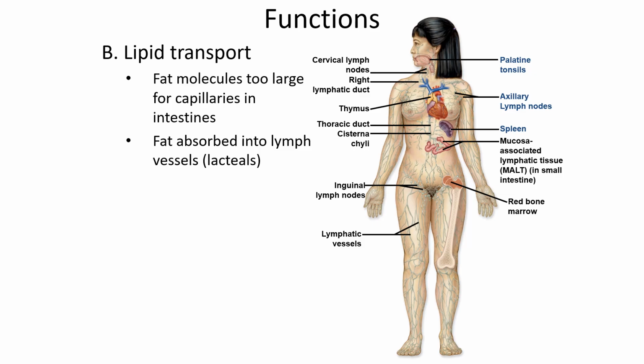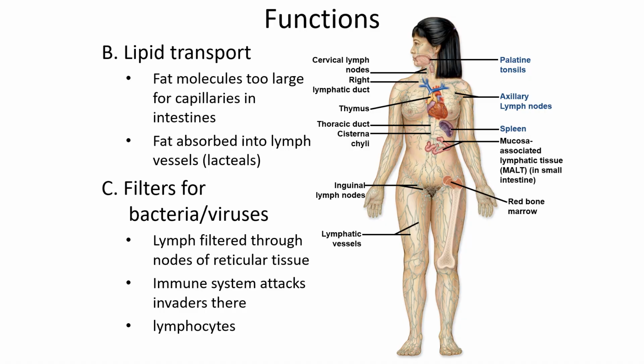The lymphatic system also helps protect you from getting sick, and it does this by filtering out the harmful stuff like bacteria and viruses that can make you sick. It also uses special soldiers, if you will, called white blood cells, which are going to be found in places like your lymph nodes.